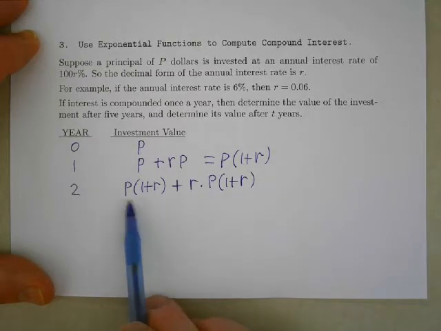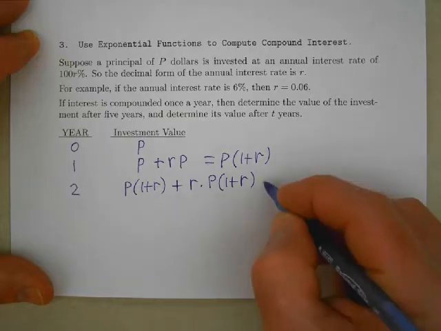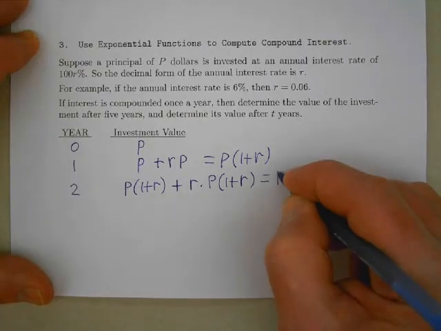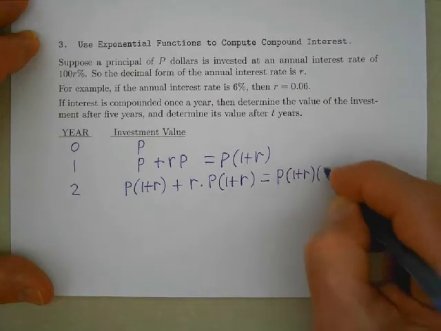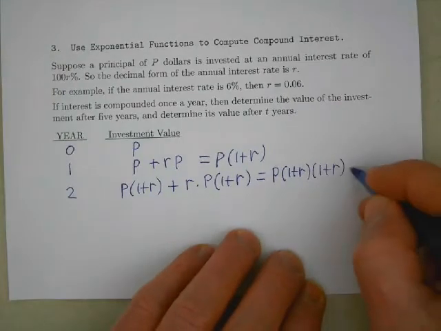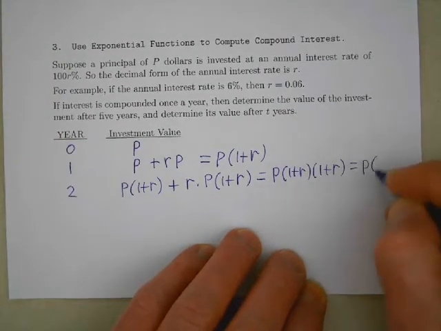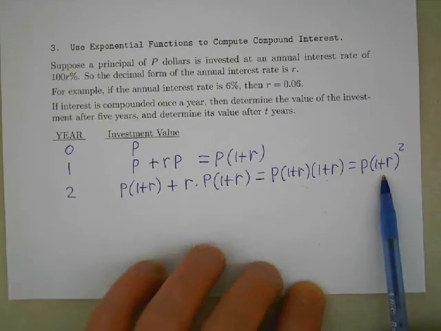Notice that we can factor P times 1 plus R out of each of those terms, and so we can write this as P times 1 plus R times 1 plus R. But we can write this as P times 1 plus R to the second, because 1 plus R times 1 plus R is 1 plus R to the second.